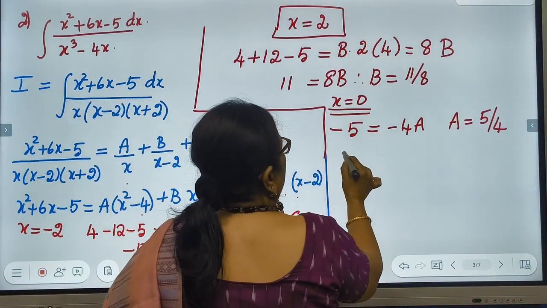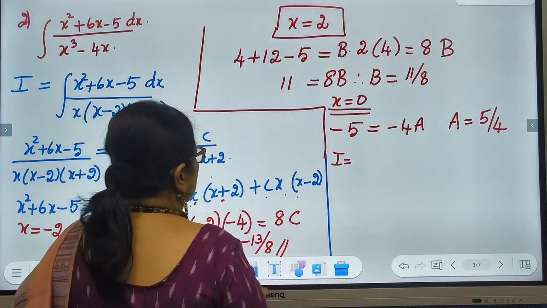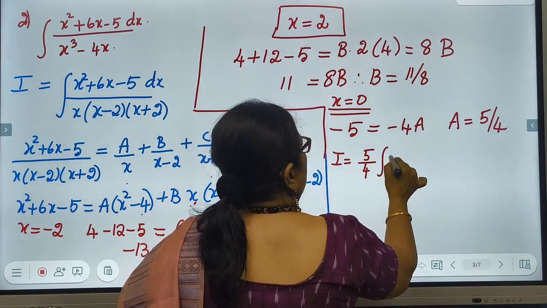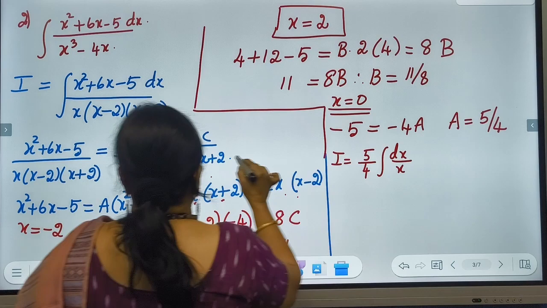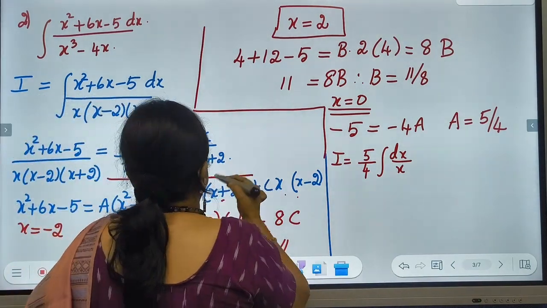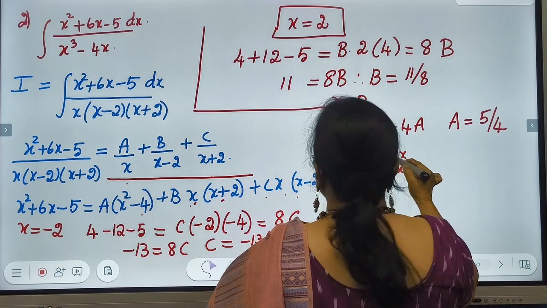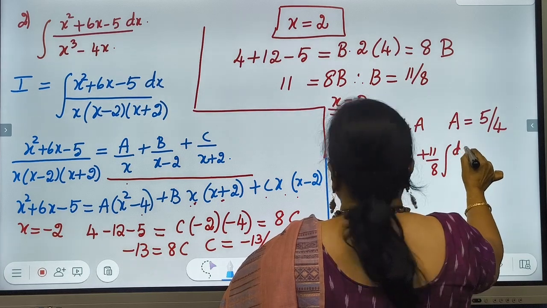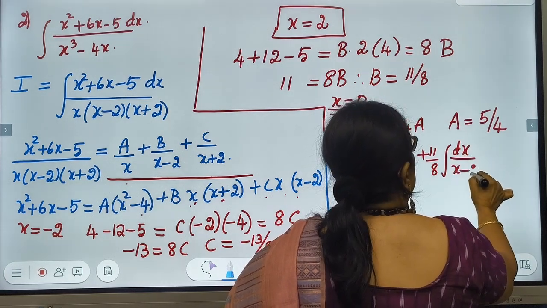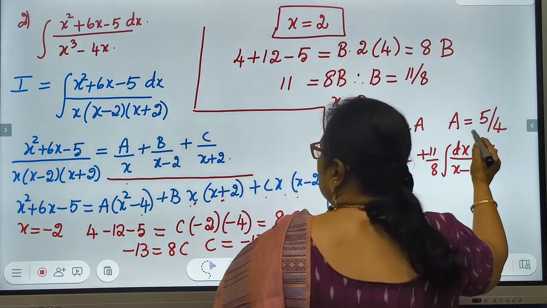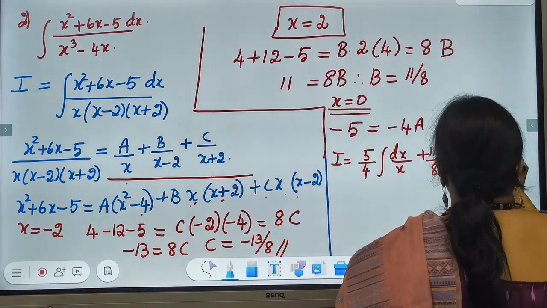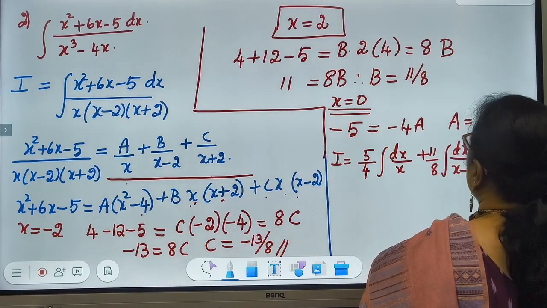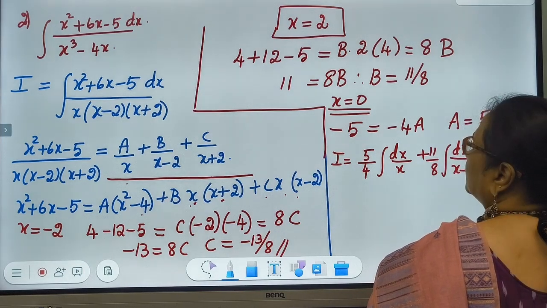So this integral I is now equivalent to 5 by 4 integral of dx by x. Substitute back for b and c. What is b? Plus 11 by 8 integral of dx by (x minus 2) plus, what is c, minus 13 by 8 integral of dx by (x plus 2).